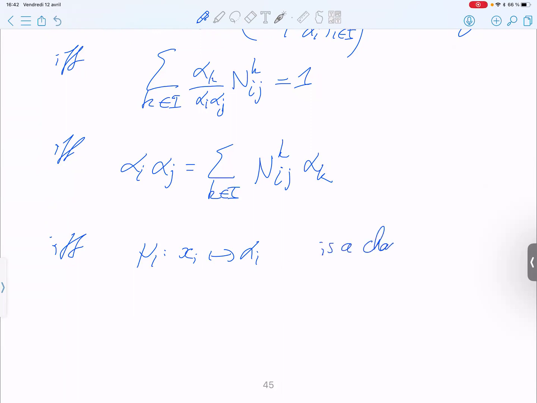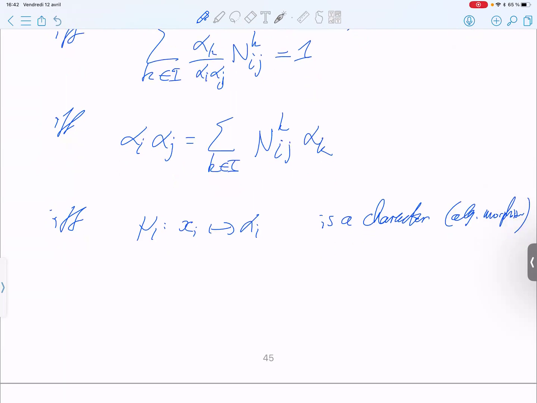is a character, so an algebra morphism, which means, what does character mean? mu1 of xi xj equals mu1 of xi, mu1 of xj.